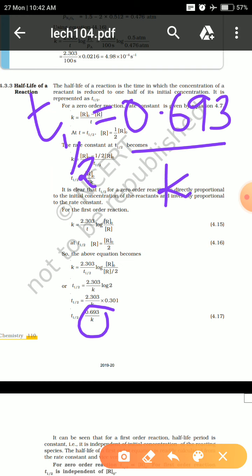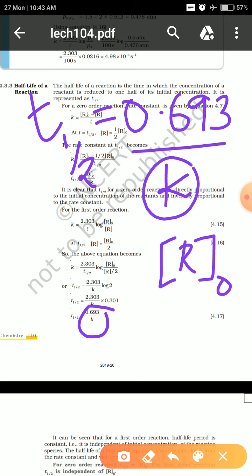If we see very closely, for the half-life of the first order reaction there is no dependency on initial concentration, but it is inversely proportional to the rate constant. You can see it very clearly in both the equations.